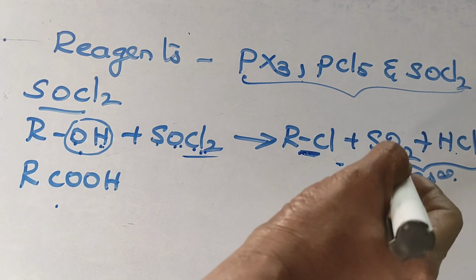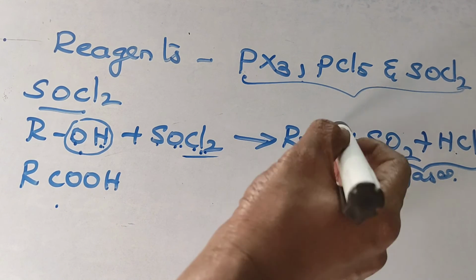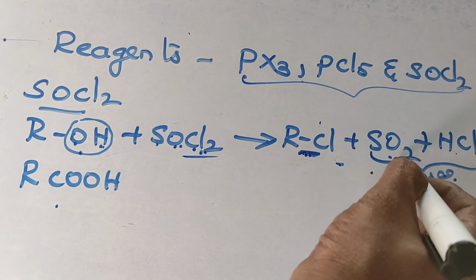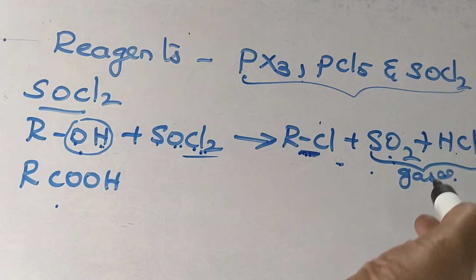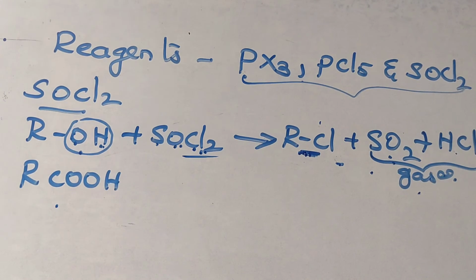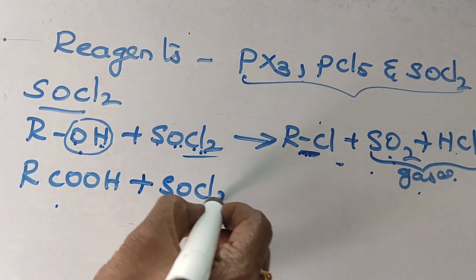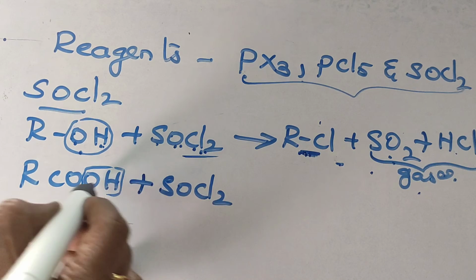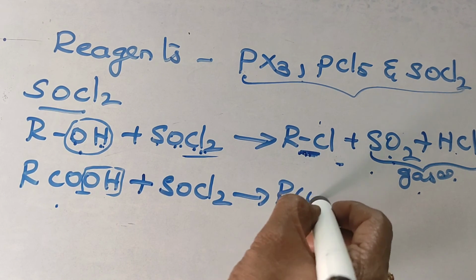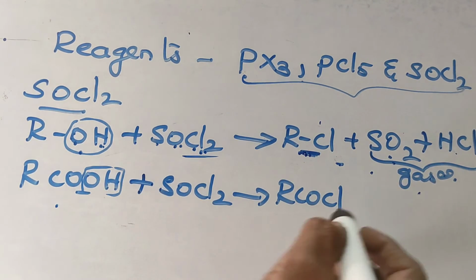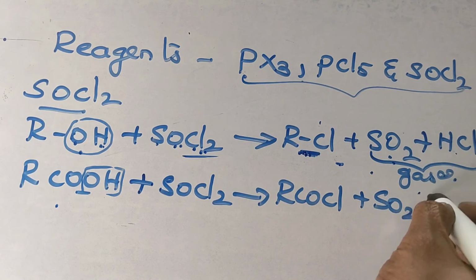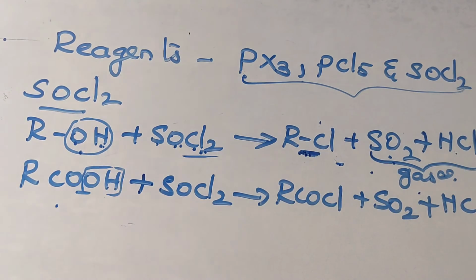This is the best method because you need to separate RCl from the other compounds. Automatically it will be separated because they are in the form of gases. Next RCOOH with SOCl2, the same way OH is going to be replaced with Cl, giving RCOCl, remaining the same: SO2 and HCl.